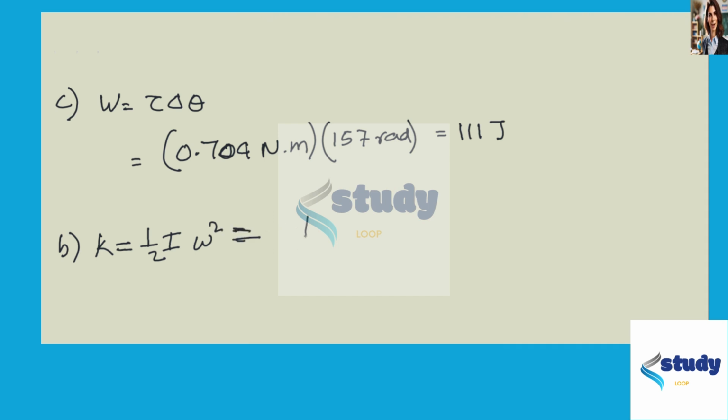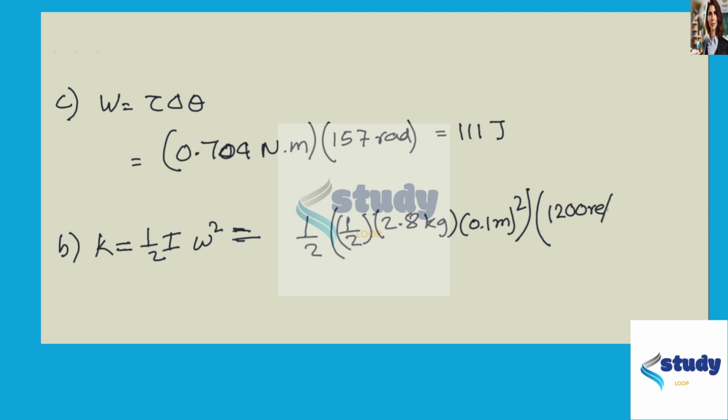So I is half of 2.8 kg times the radius 0.1 meter, then we put a square, multiplied by 1200 rev per minute, and we do the same thing.